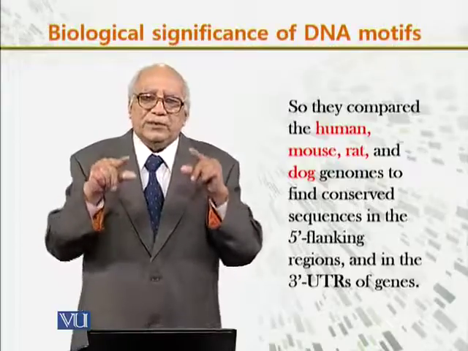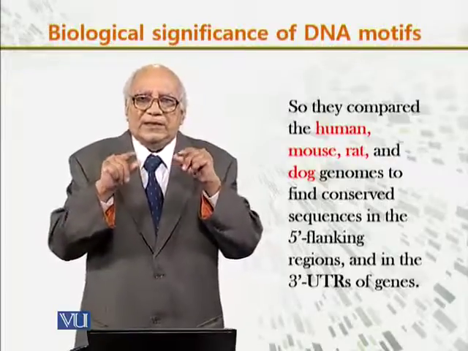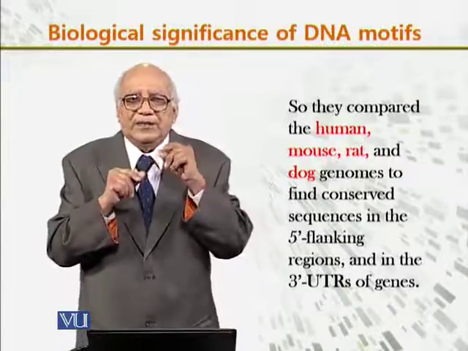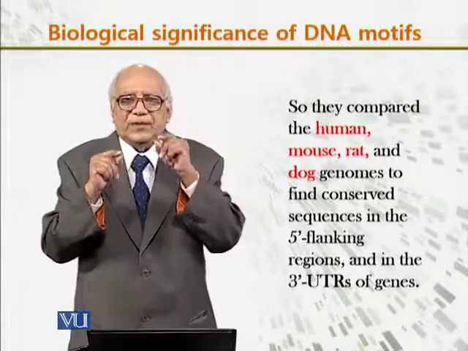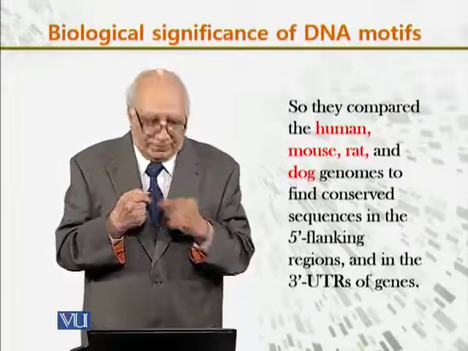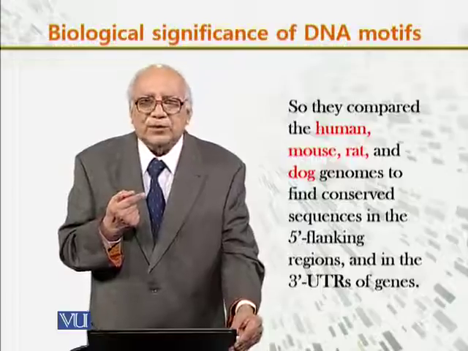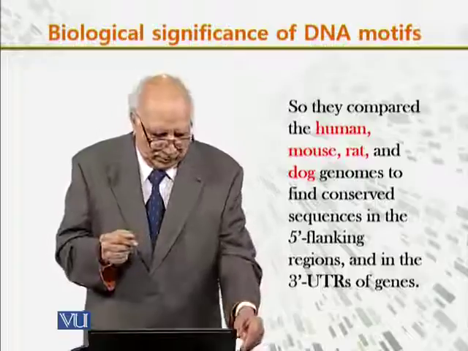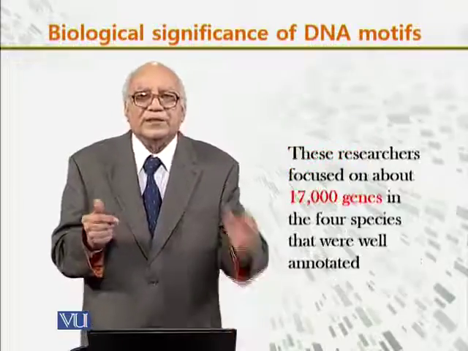These are the two ends which are important, where these conserved sequences are likely to be present. So they took four different species: human, mouse, rat, and dog.